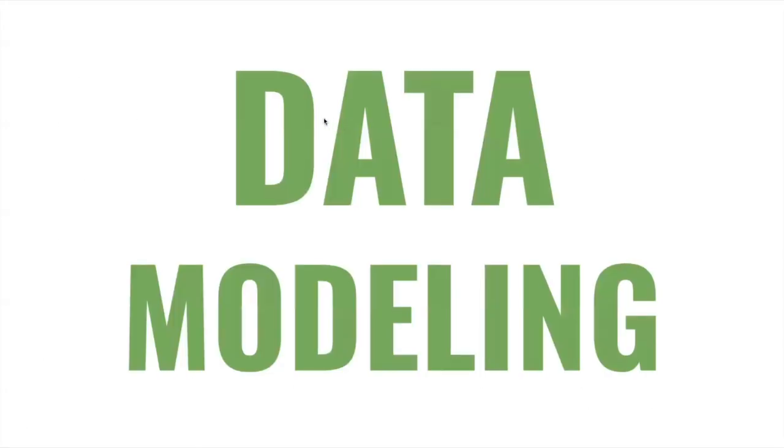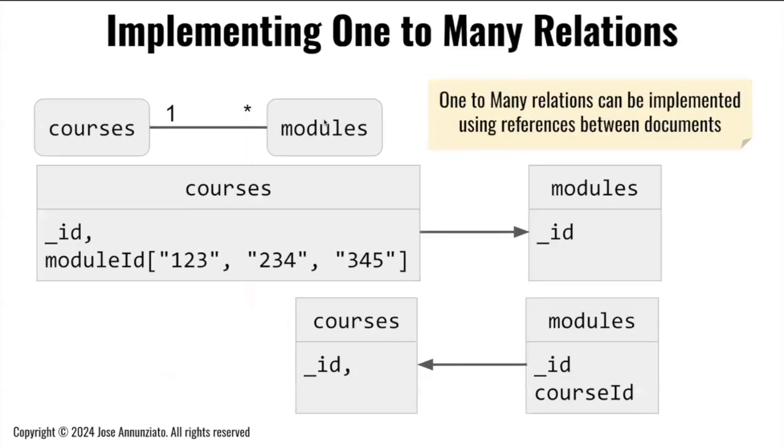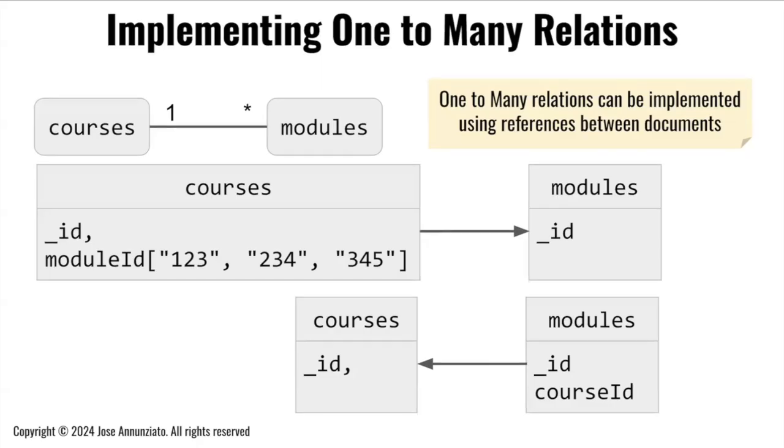Let's talk about data modeling. What we mean by data modeling are the choices that we make when we decide how to organize the data. And there are quite several options of how to organize the data that we're going to store in our databases. One of the common ways to organize data is by using what is called one-to-many relationships.